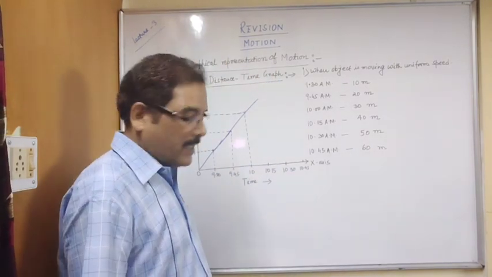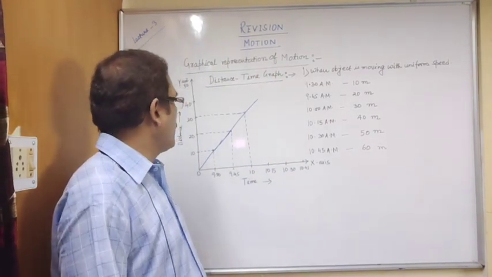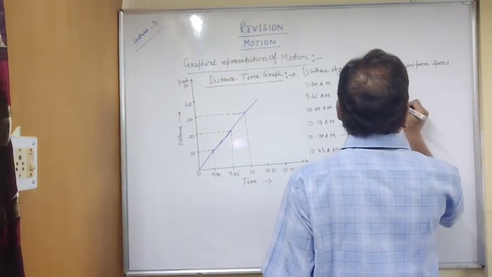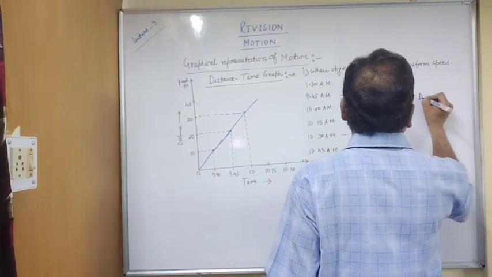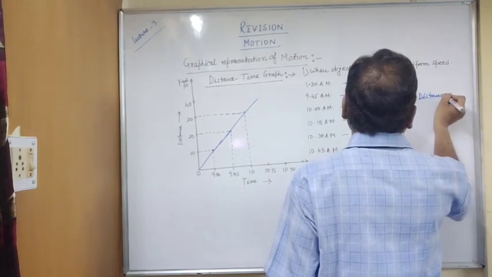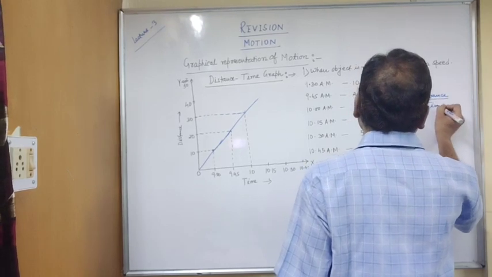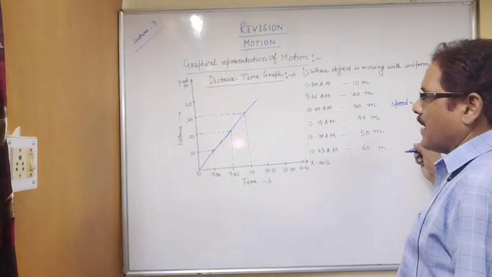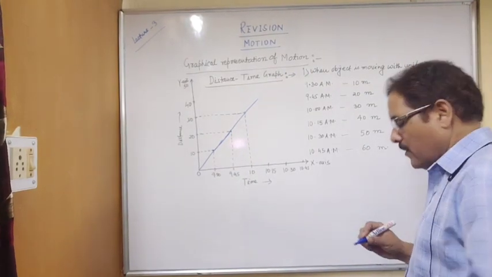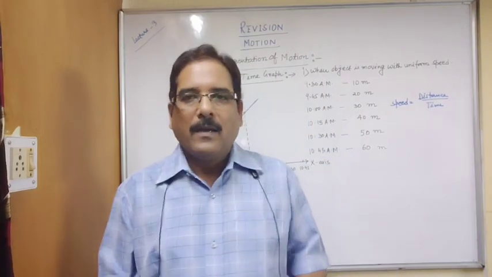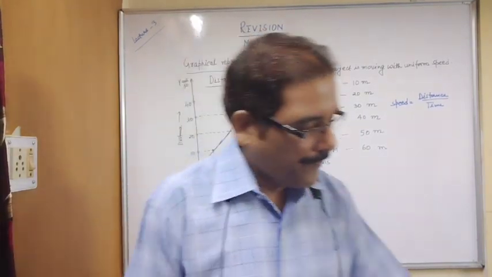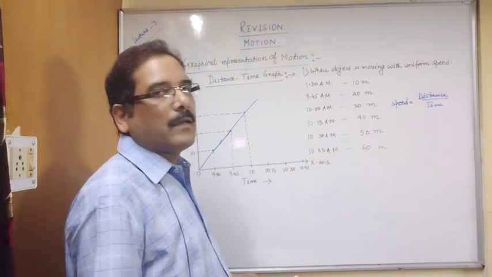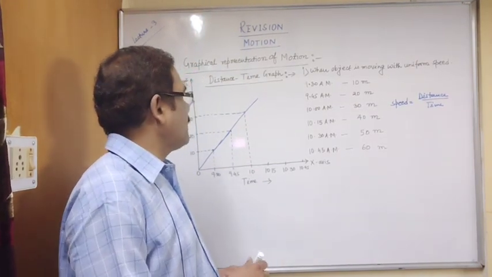So with the help of this graph, you can calculate speed, because speed is equal to distance by time. We have taken distance on the y-axis and time on the x-axis. So if you have to calculate speed in a particular time interval, then with the help of this graph you can calculate the speed in that interval of time.